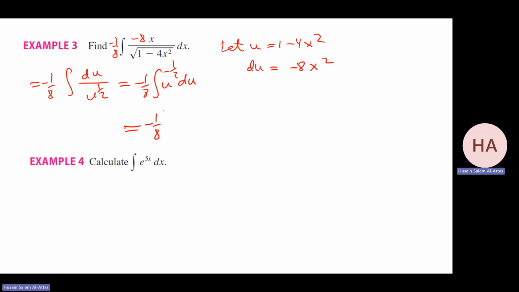Now I can use the power rule for integration. That will be plus 1, it will be 1 half, so times 2, u to the power half plus c. So I have minus 1 over 4 times 1 minus 4x squared to the power half plus c.